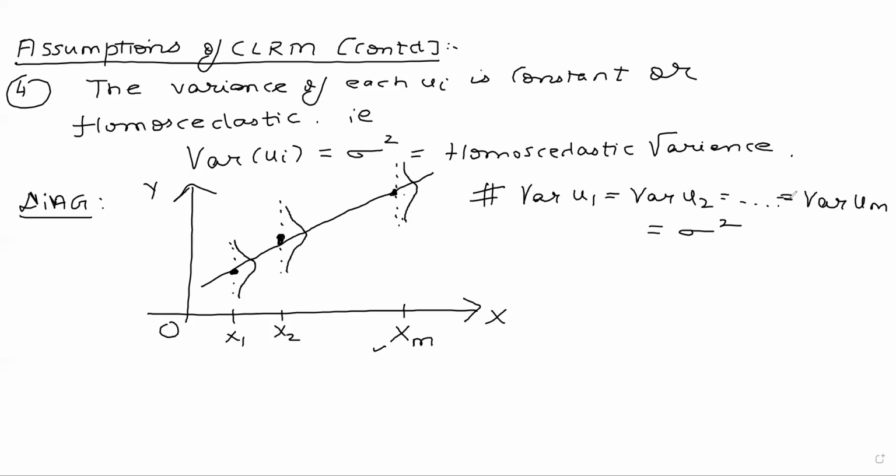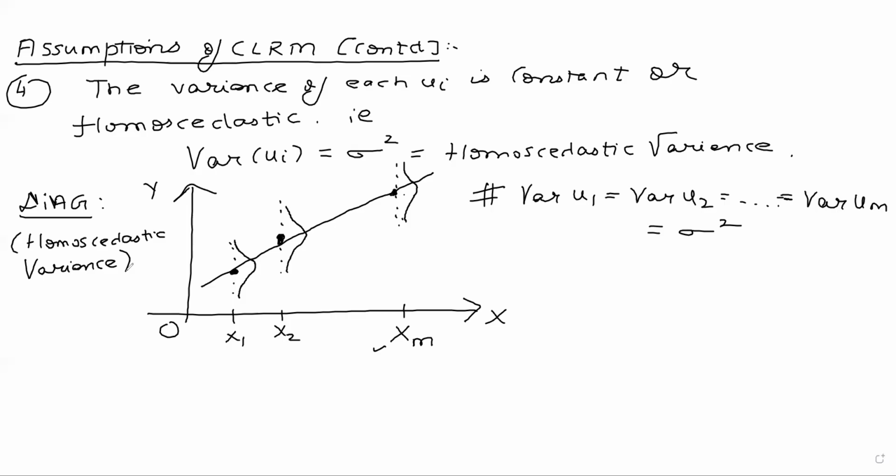Suppose I show you heteroscedasticity. Heteroscedasticity means variance is changing. So this was the diagram for homoscedastic variance. You can see the spread is the same across all different values of x.